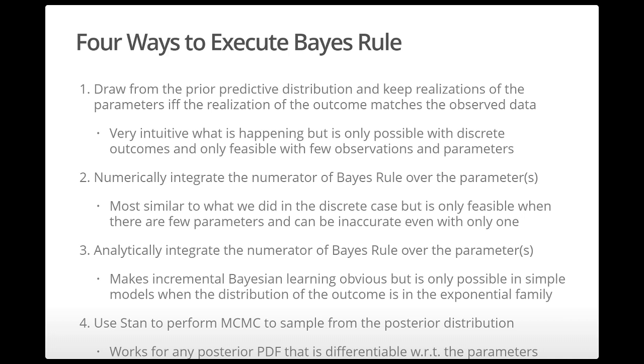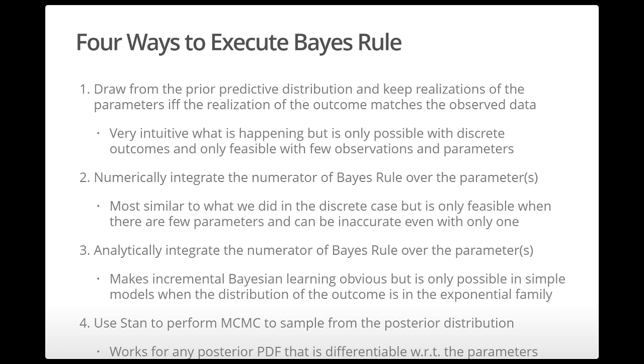We can do numerical integration with little trapezoids, where we make some function and then call integrate and get the denominator. That is good in the sense that it's more similar to what we did in the discrete case, like on the homework, where upsilon was weirdly this integer valued unknown rather than a continuous unknown. Basically we had all these points in the numerator that we could sum up to get the denominator and divide in order to get this posterior distribution.